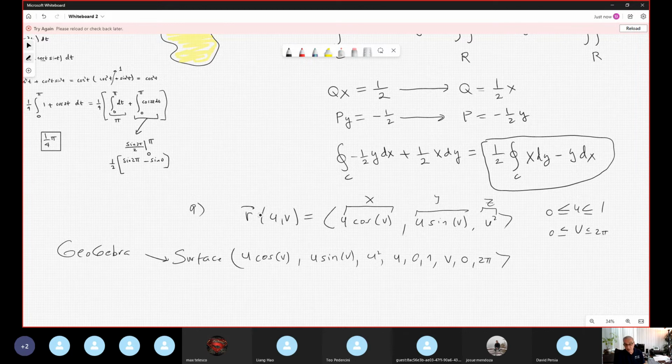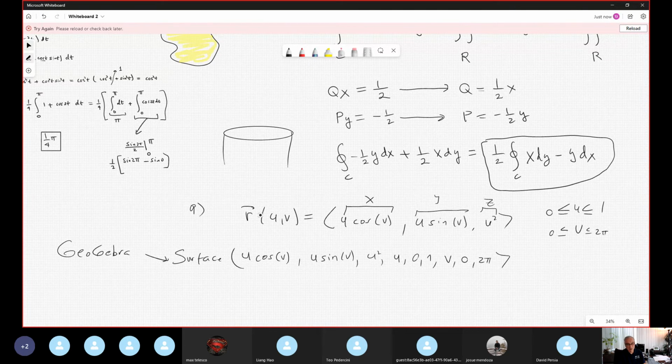I anticipate that it's a paraboloid, because you know very well that when you have sine and cosine, my surface has a cylindrical symmetry, because you are familiar with the circle parametrization of cosine and sine. Are you familiar with this?